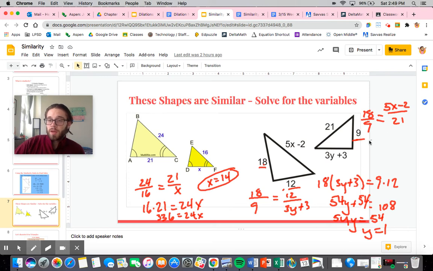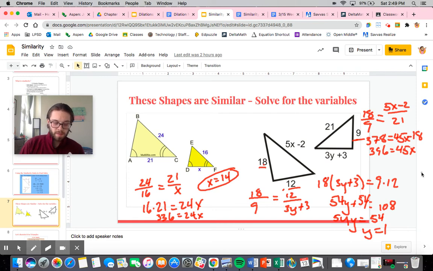Okay? So 18 times 21 is 378, which is equal to 9 times 5, which is 45x minus 18. So I'm going to add the 18 to both sides. That is 396 equal to 45x.